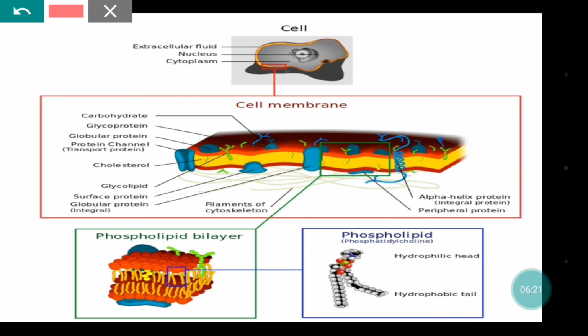It is also present in plant cells, animal cells, and bacterial cells with a few modifications, right? So this is all about the fluid mosaic model given by Singer and Nicolson, and it is the most accepted structure of the plasma membrane.